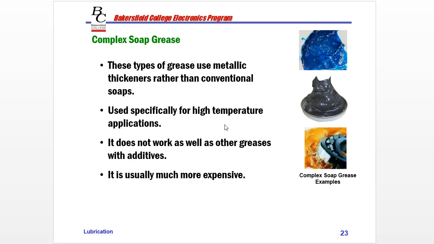So depending on the operating temperature, we need to get the proper grease. Again, just like oil lubricant, grease is a lubricant as well, and we would want to follow the manufacturer's guidelines or specifications for the correct type of grease that we're going to use on this machine.